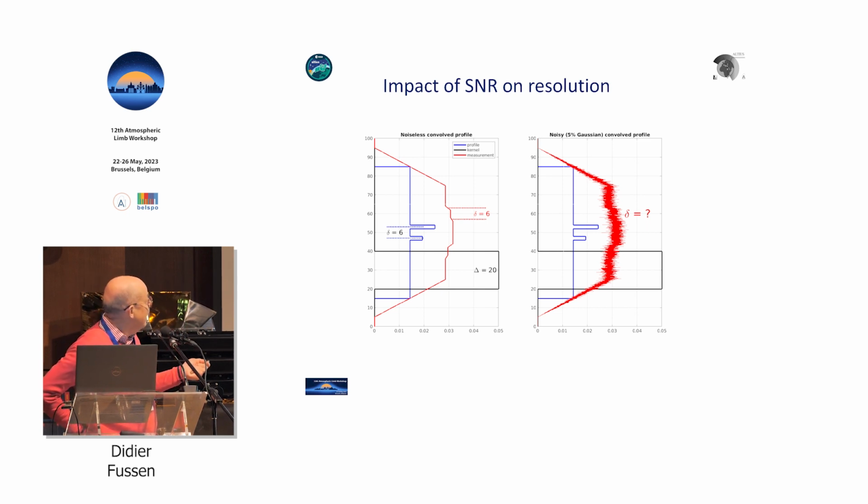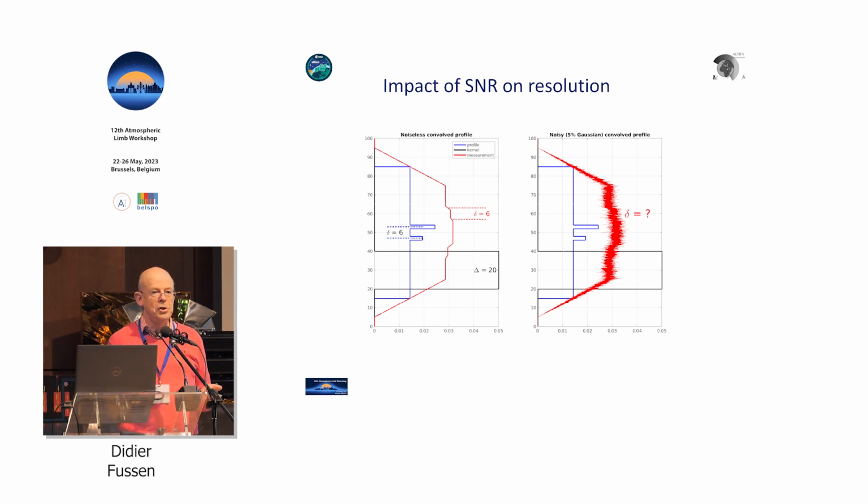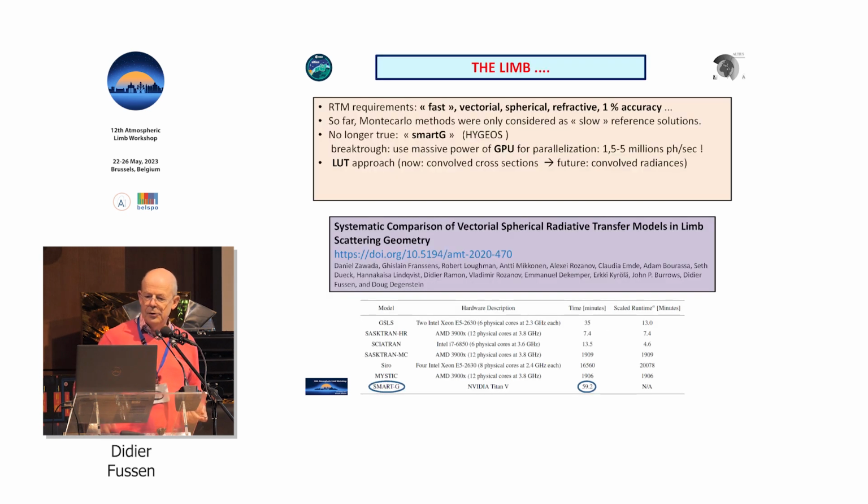But if you add any noise, you see that this is disappearing, so there is a clear relationship between your resolution and the signal-to-noise ratio. You have to adapt your resolution to the signal-to-noise ratio we will have.